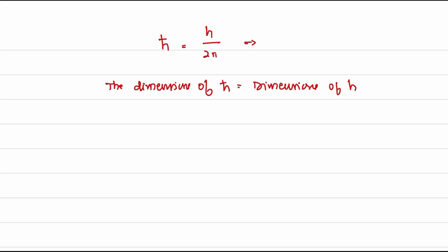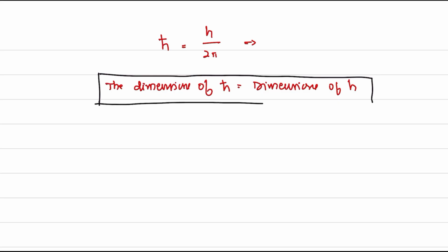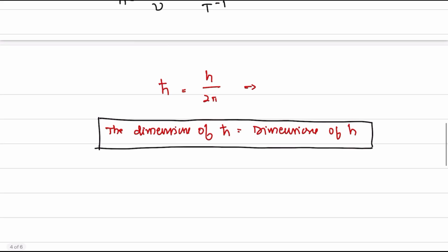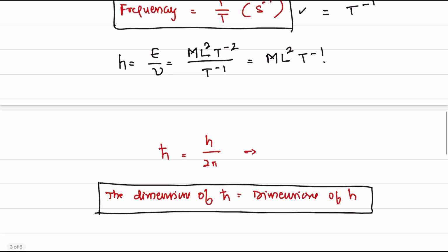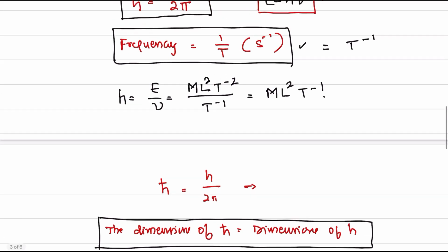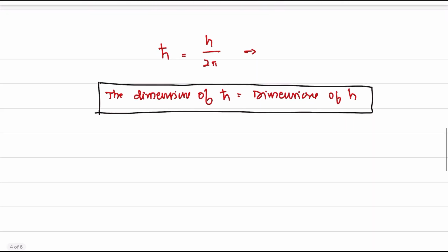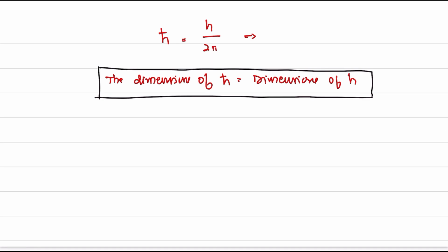What are the Planck constant dimensions? We have already found out: Planck constant is M L square T to the power of minus 1. We got all the dimensions required in the equation. Now what is the equation?